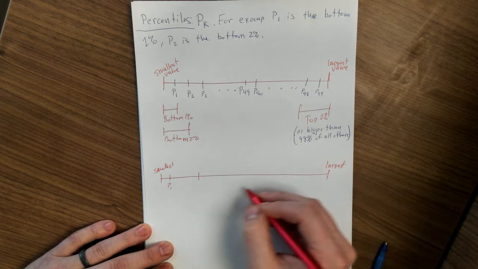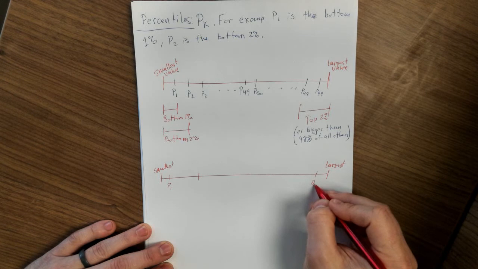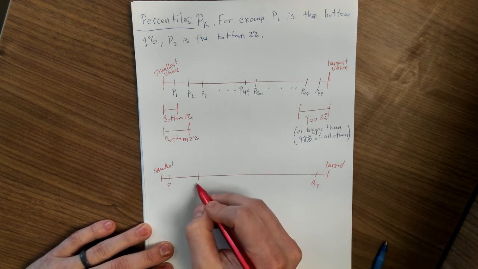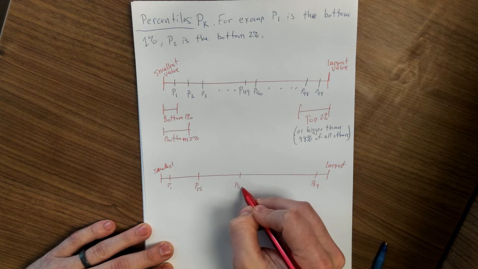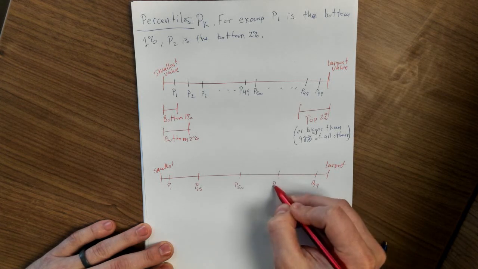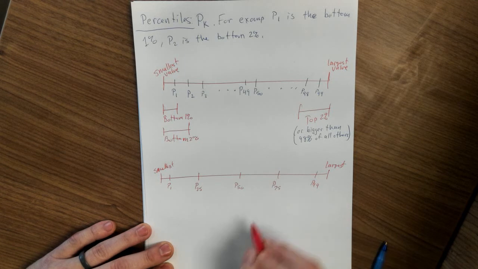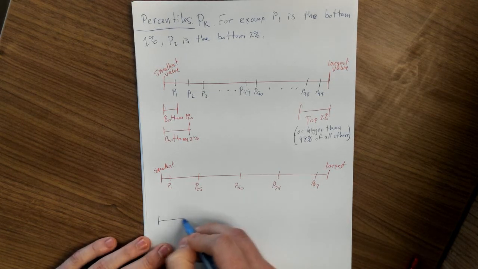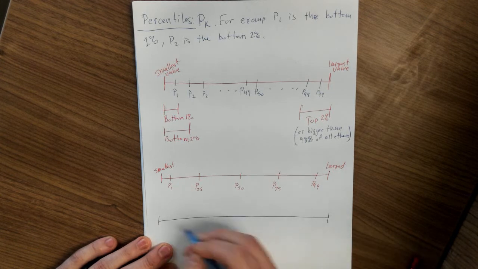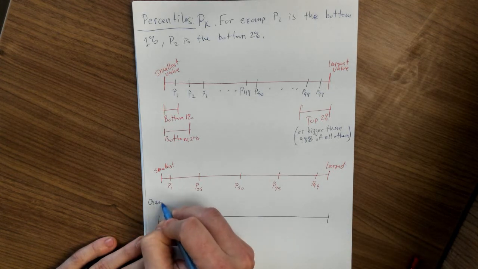So P1, then you'd have P99 over here. But what I'm more focused on this time would be P25, P50, and P75. These are the quartiles. And so if we were to draw a new number line like this, let's write quartiles here.